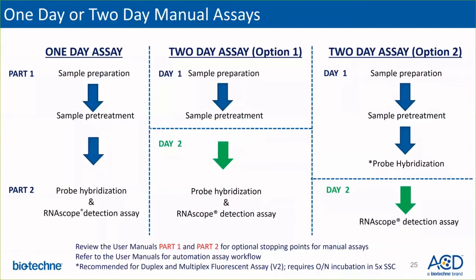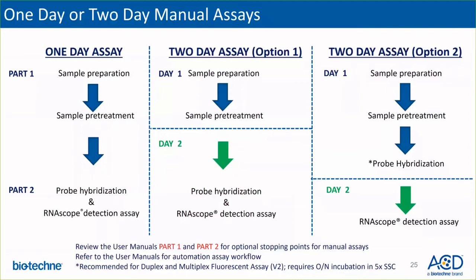The first option would be to complete the sample preparation and pretreatment on day 1 and then begin with probe hybridization and detection on the following day. Please do refer to the technical notes recommended for your sample type to determine where the stopping point may be feasible. If unsure, please do contact technical support for recommendations.